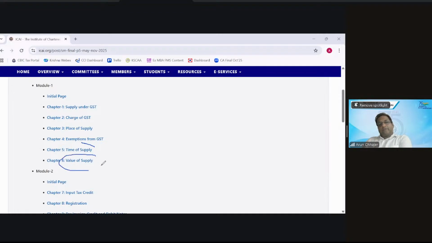Time of supply will be given, value of supply. Subsidy given by the government, will it be added in the value or not?